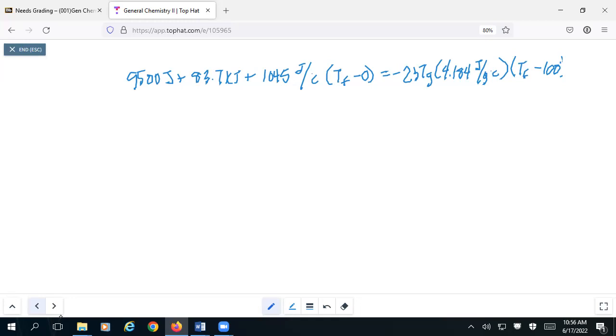So we've got to combine these two energy terms together. We've got to combine these two terms together as well. For argument's sake here, we're going to turn everything into joules, just so that we don't have to convert; it's easier to convert kilojoules into joules than joules into kilojoules.